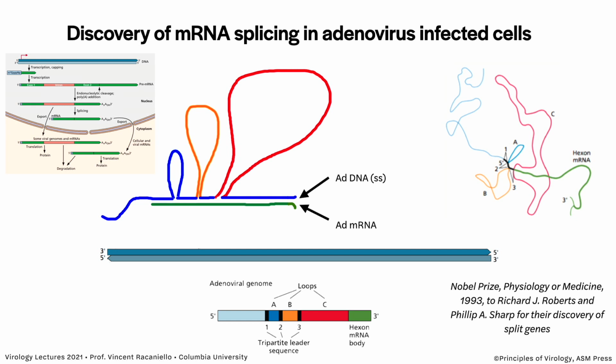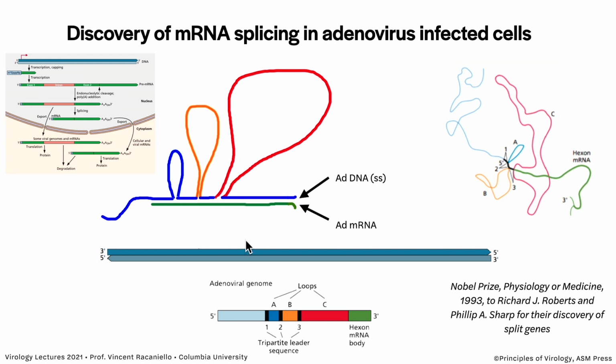The other processing that happens during transcription is splicing. And this was discovered originally in adenovirus-infected cells, where they found that the pre-mRNAs made in the nucleus were always longer than the final mRNAs in the cytoplasm.